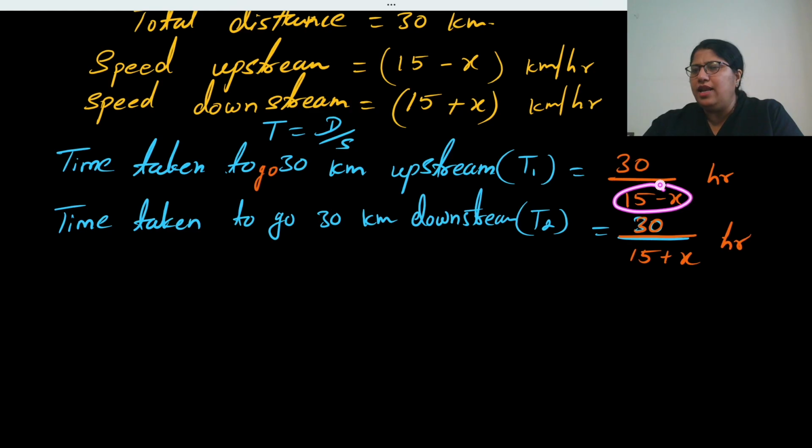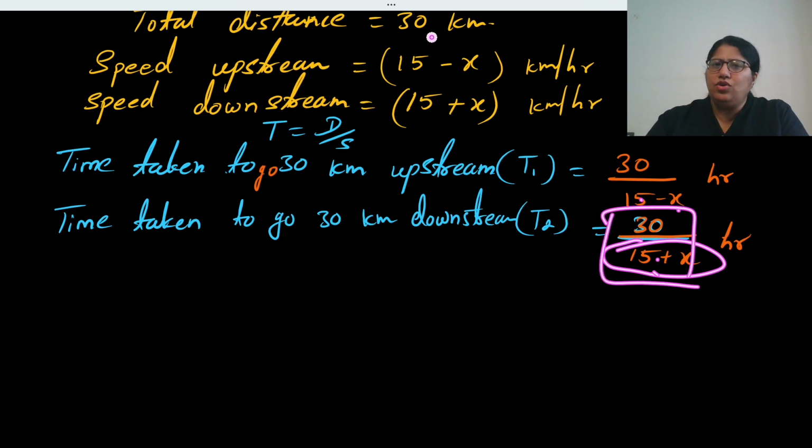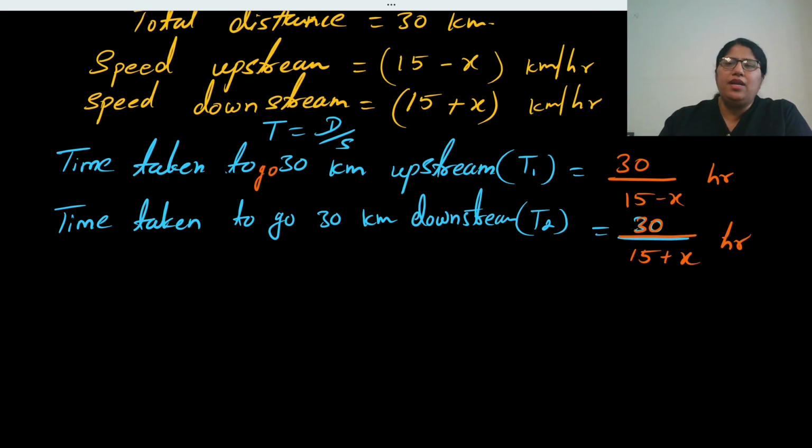You are dividing by the smaller value, so the whole fraction is greater. If you are dividing by the greater value, 15 plus x is greater than 15 minus x, you will get the smaller value. So because speed is smaller, time will be more. T1 is greater than T2, right? Going upstream will always take more time than going downstream.